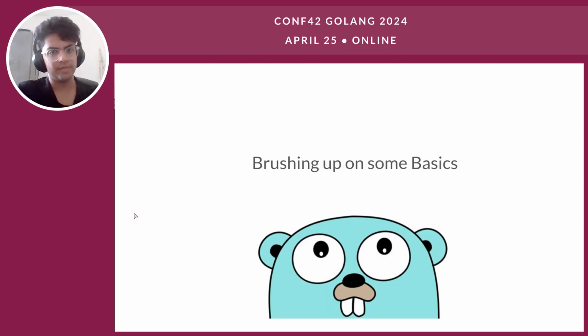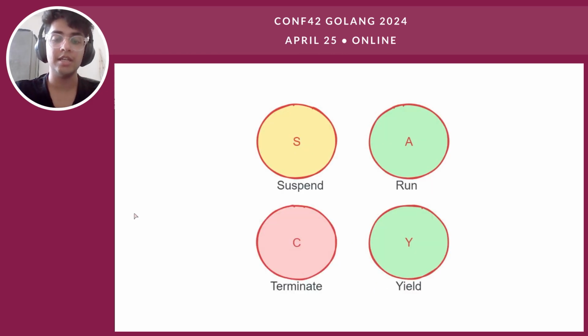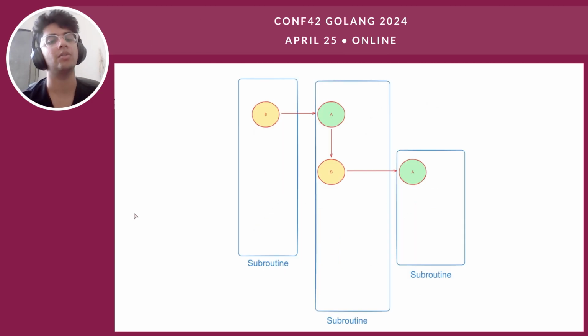So to begin with, brushing up on some basics, what are subroutines? Subroutines are essentially your regular function calls. They can do certain things. They can suspend themselves and run another function, or they could terminate themselves and yield back control to its caller. These are the two things that your functions can do, right? So in this case, say you have a main subroutine, it suspends itself, starts another function.